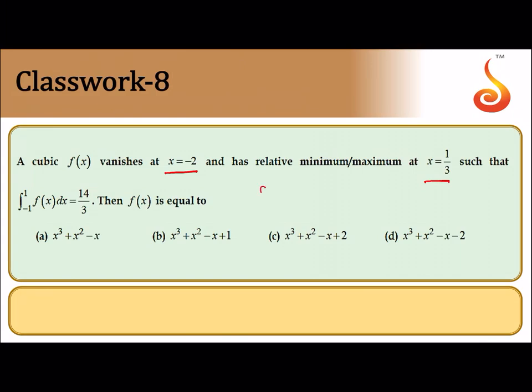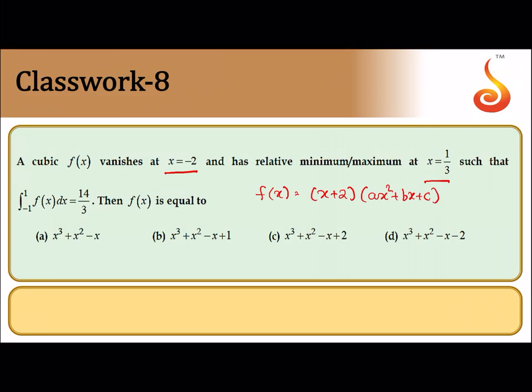Example 8. f(x) is a cubic equation. f(x) vanishes at x equal to minus 2, has a relative maximum and minimum at x equal to 1 by 3, such that the integral from minus 1 to plus 1 of f(x) dx equals 14 by 3.